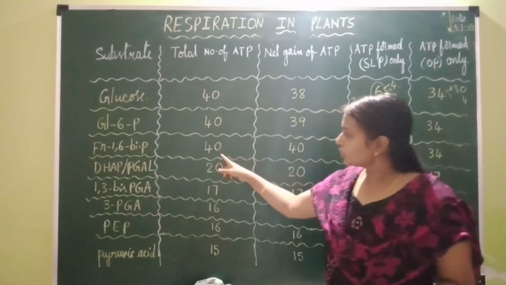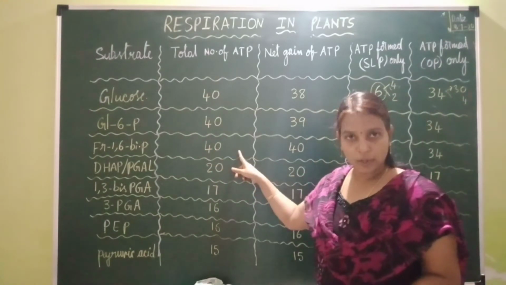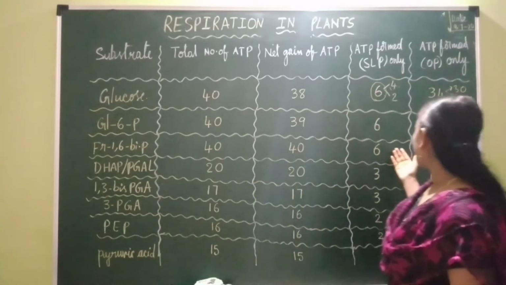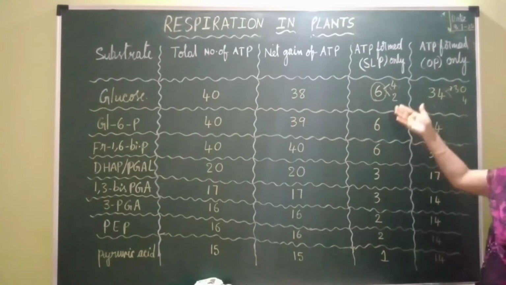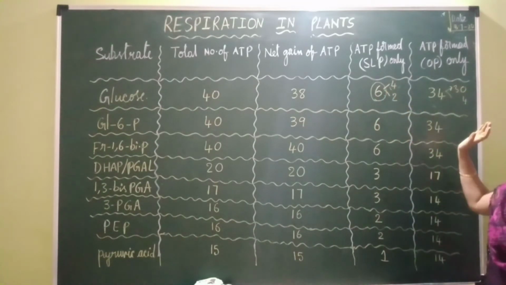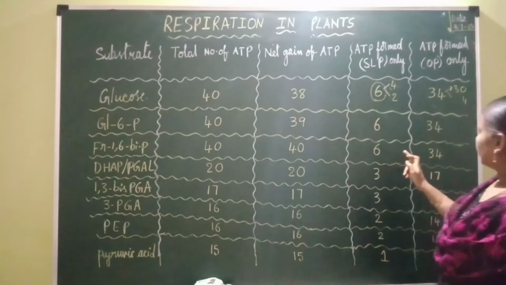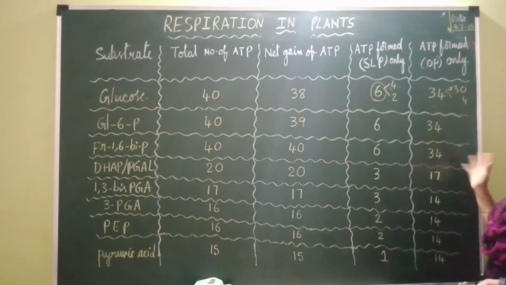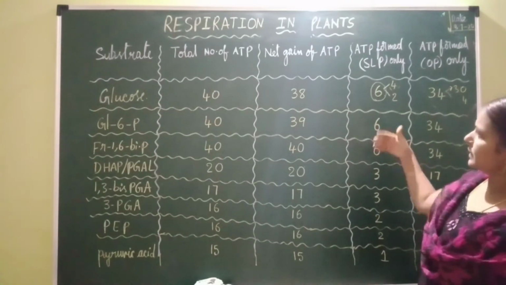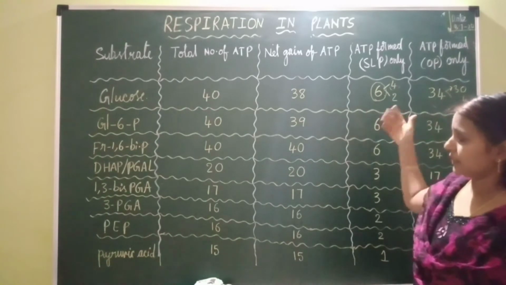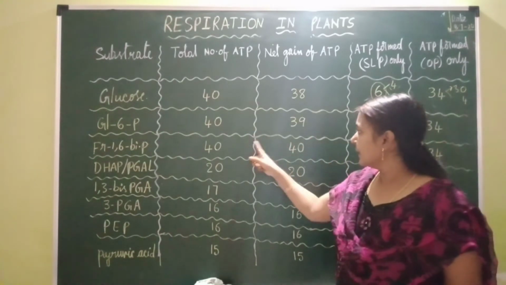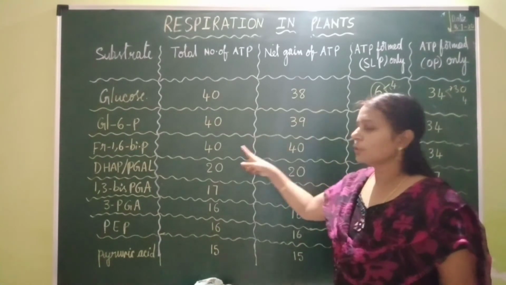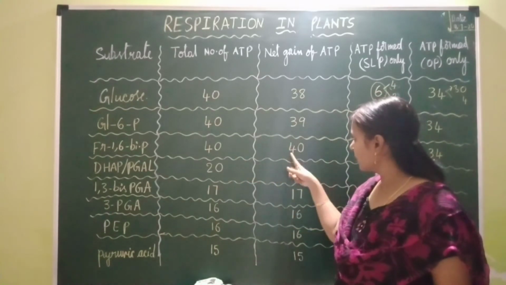Okay, so here also the total number of ATP formed is 40, in the same way as we discussed for glucose 6-phosphate and even for glucose. Here the total through SLP is 6 and through OP is 34, as in the case of glucose and glucose 6-phosphate. But here the net gain is also 40. Total number is 40, net gain is also 40.